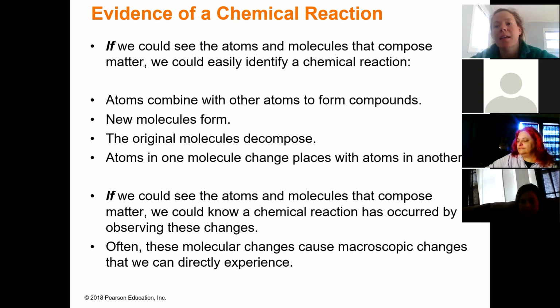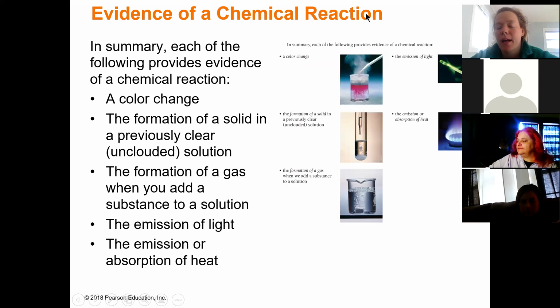So what you would be seeing is that all the atoms would be sort of swapping partners. If we could see the atoms and molecules composed of matter, we could see that a chemical reaction has in fact occurred, but we can't see individual atoms and molecules with our eye, so we have to look at secondary things to tell us that a chemical reaction has occurred.